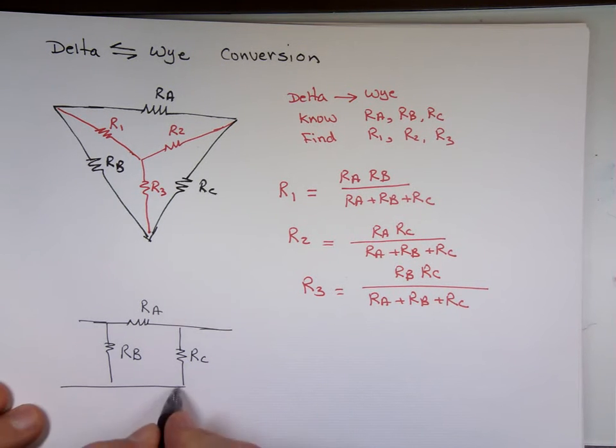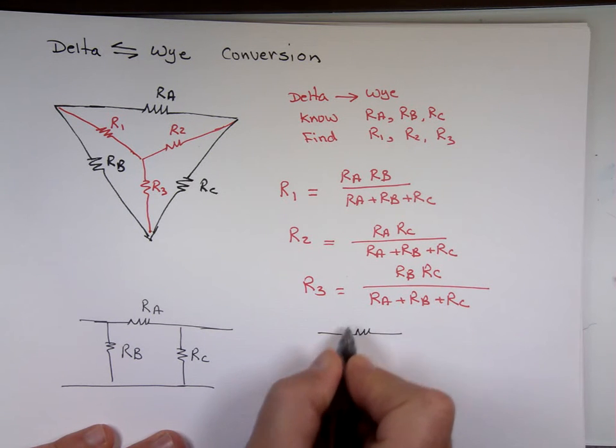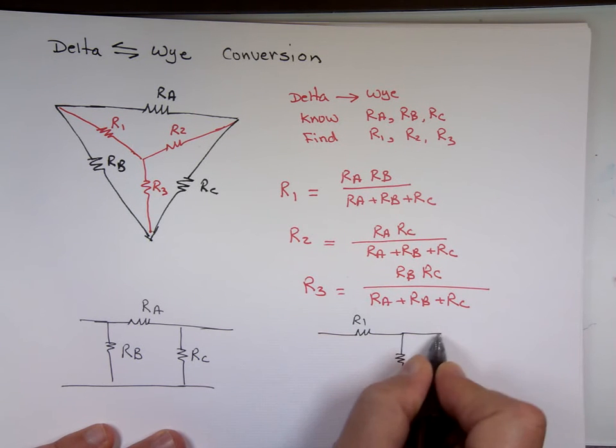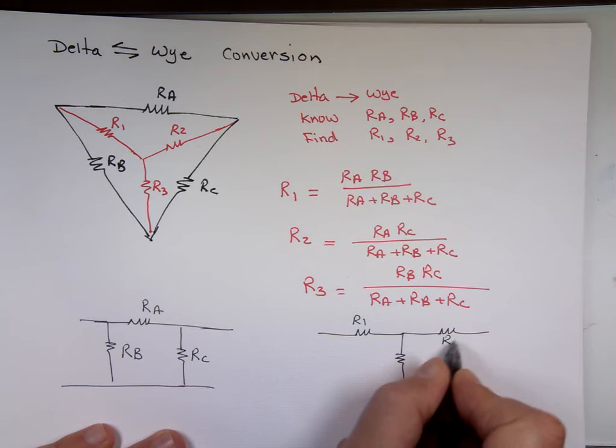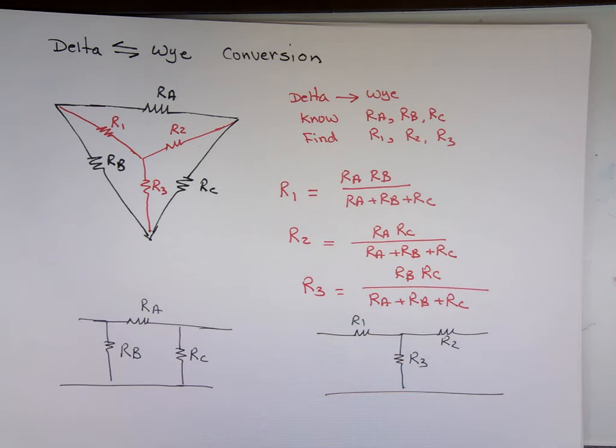And what would R1, R2, and R3 be? It will look like this. So this is a way to convert from this to this.